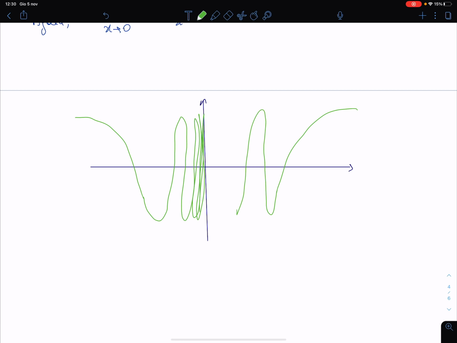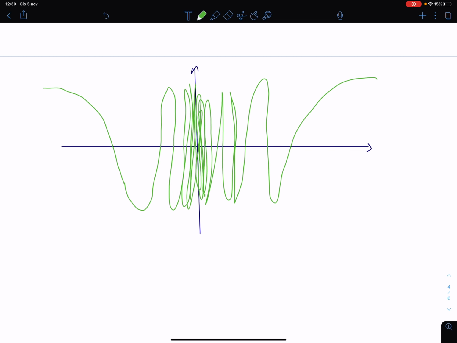The picture becomes quite neurotic, especially around 0.